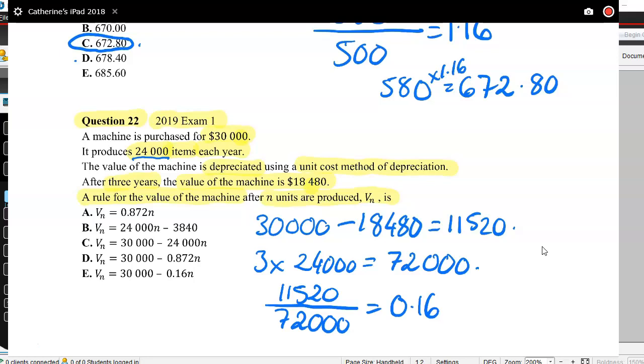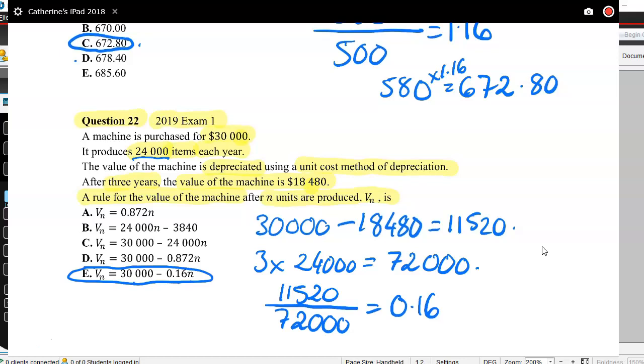So, looking at this, my option here is E, isn't it? Because it starts at 30,000 and goes down by 16 cents per item it produces.